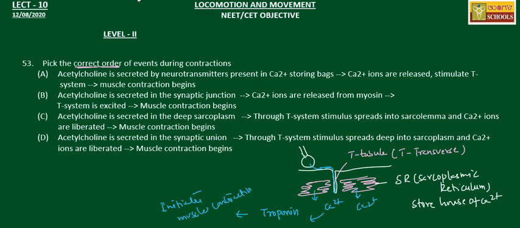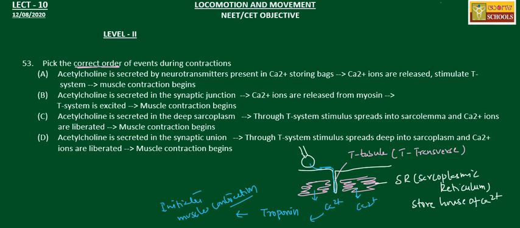So this is the sequence of events during muscle contraction. Now let us see the statements. The first statement: acetylcholine is secreted by neurotransmitters present in calcium storing bags. No, that is a wrong statement.